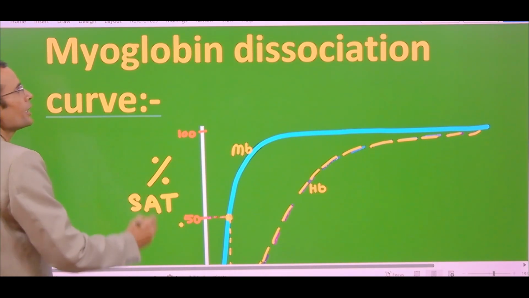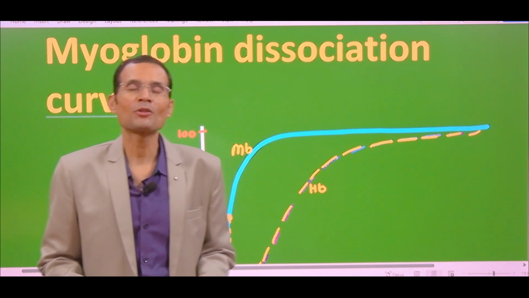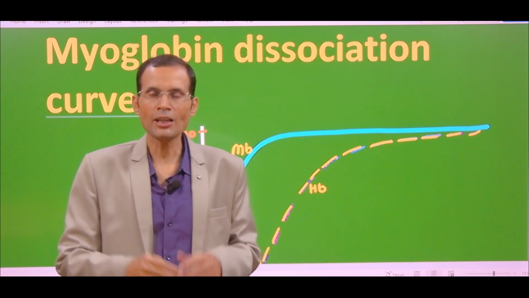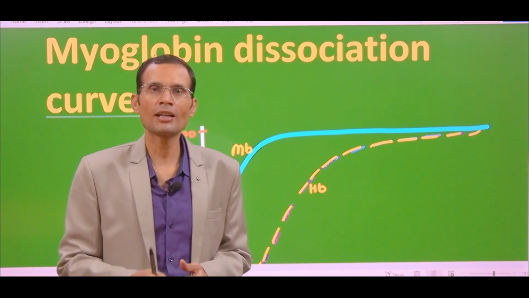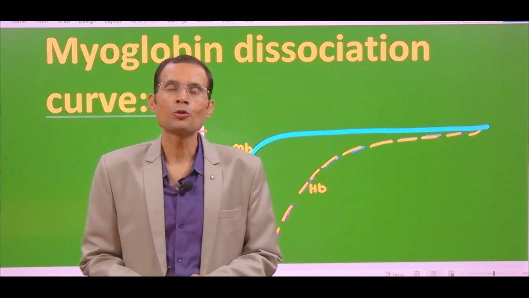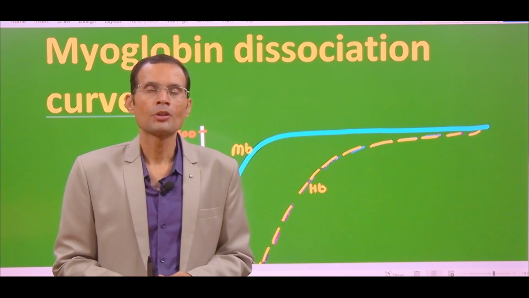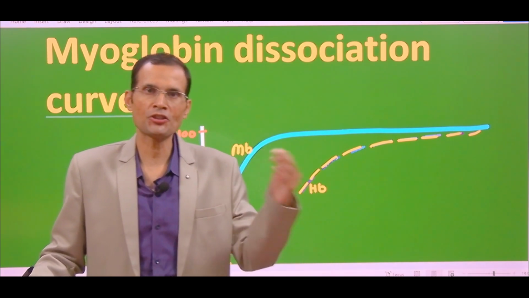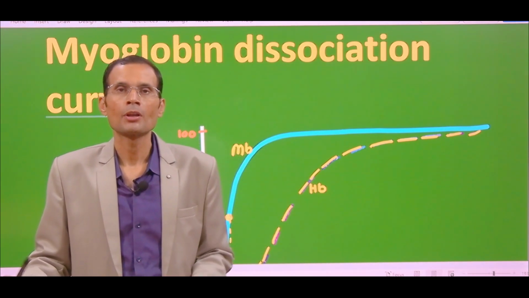And now we come to the main part of the discussion, and that is the myoglobin dissociation curve. Actually, this video is on the graph of the myoglobin dissociation curve. So first things first, you have read about the oxygen dissociation curve, which is S-shaped or sigmoid shaped.